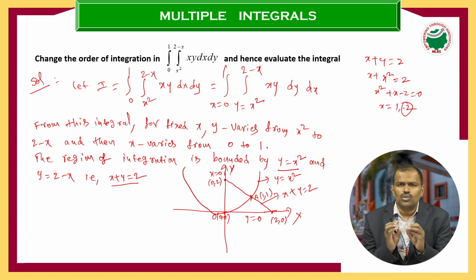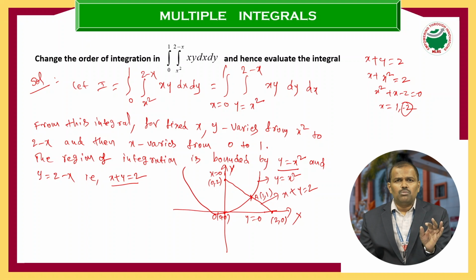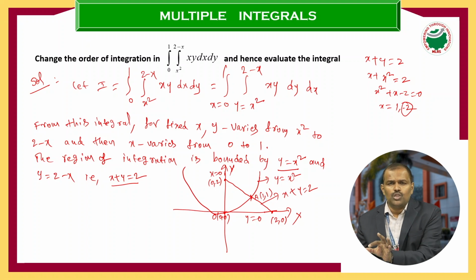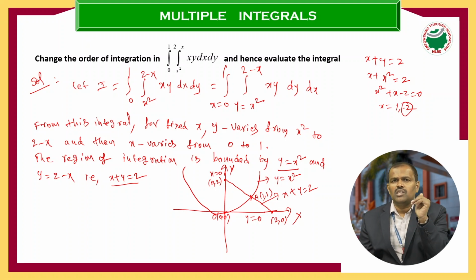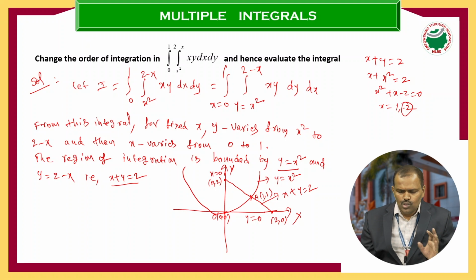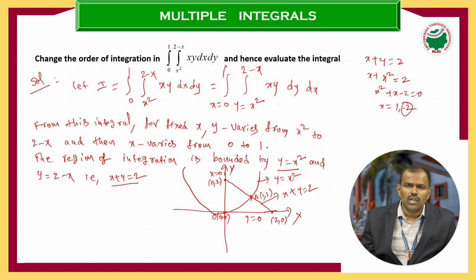Without solving also, we can easily say the point of intersection. The simple thing: x plus y is equal to 2, y is equal to x square. That means two numbers' sum should be 2, and one number's square is the other number. So it's very easy: 1 plus 1 is equal to 2, and 1 square is equal to 1.